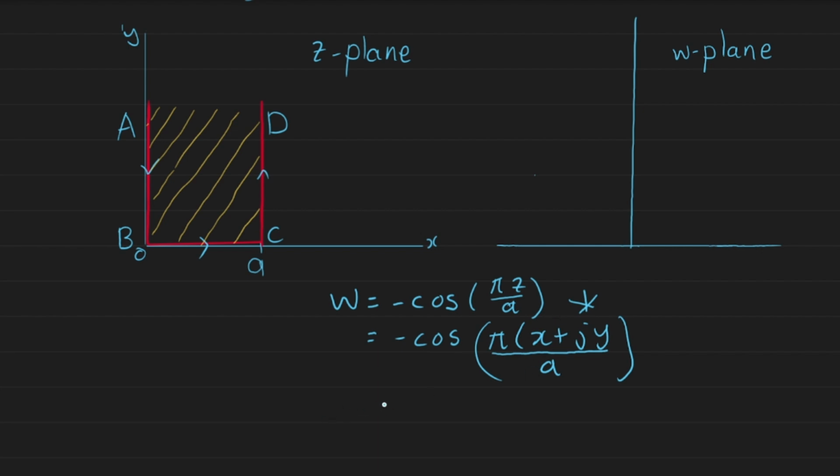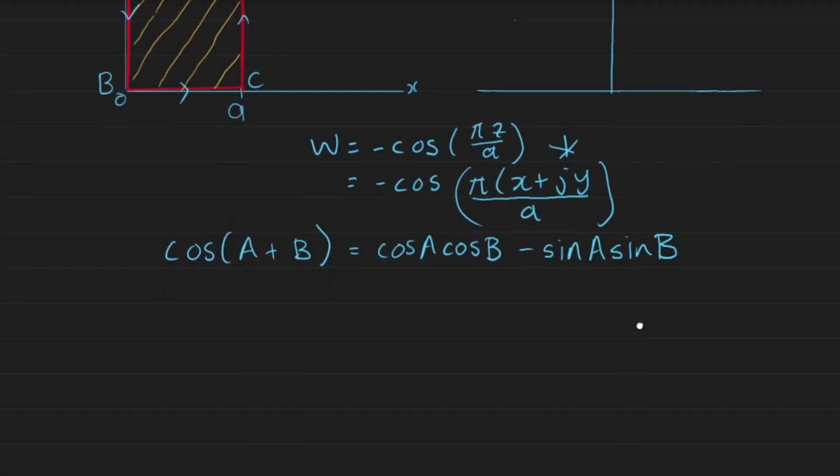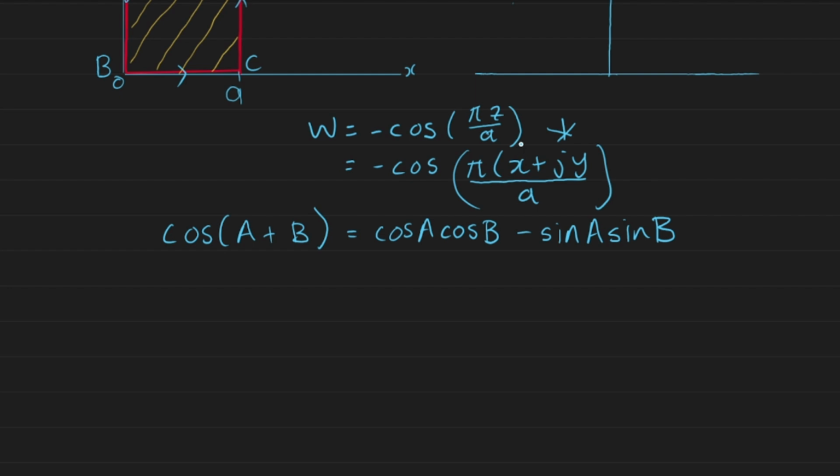So we have two angles added together, and you would remember from your trigonometric identities that cos of a plus b is equal to cos a cos b minus sin a sin b. So we can substitute that in and apply this trigonometric identity. Here is our a, and here is our b.